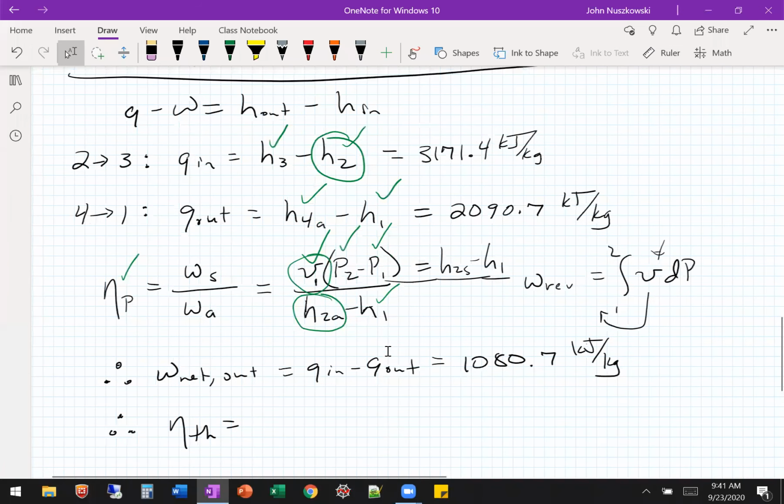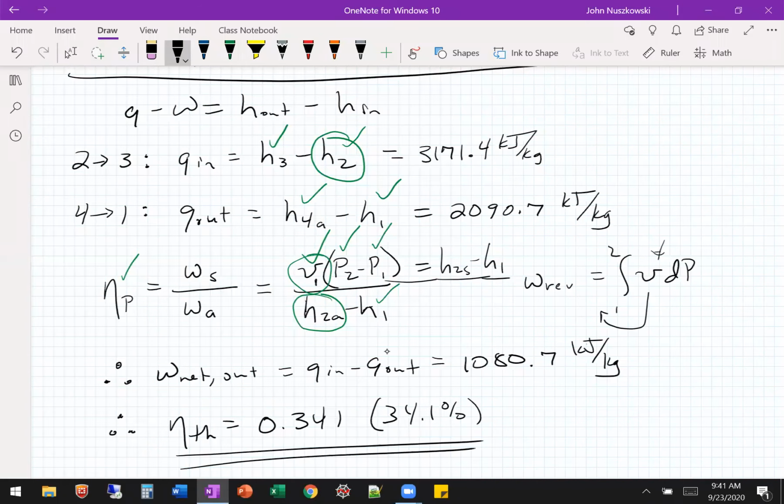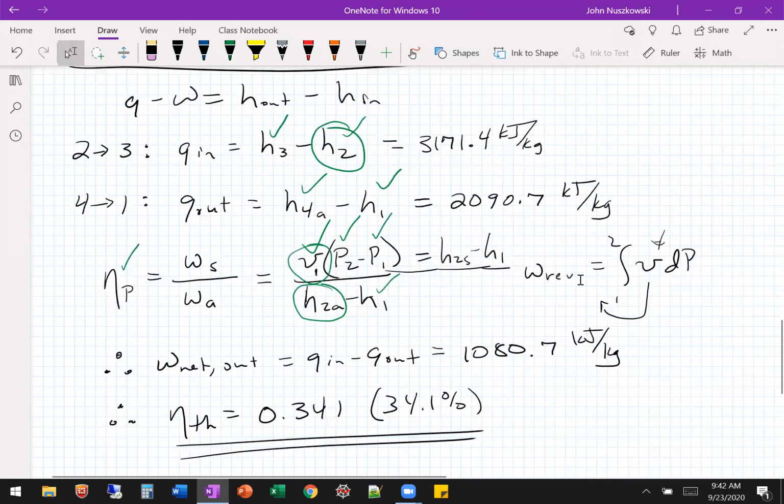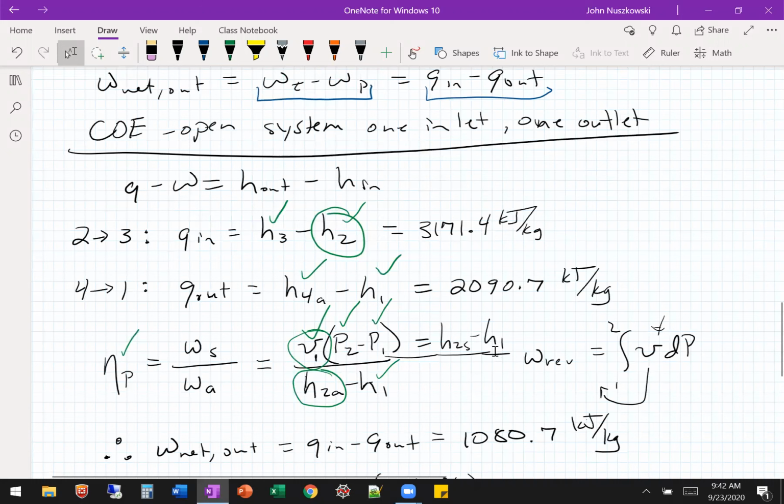All right, so then we can get our thermal efficiency, which is 0.341 or 34.1%. If we look for isentropic, you could just rearrange this to get H2S.